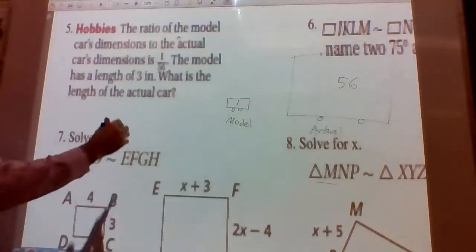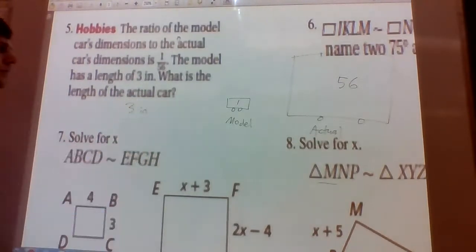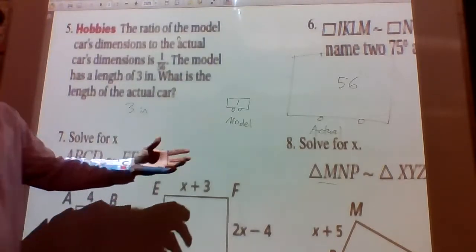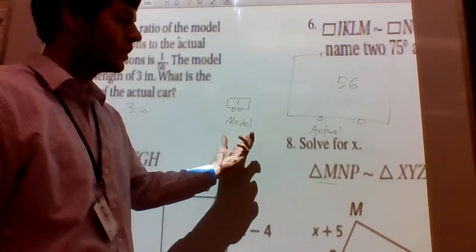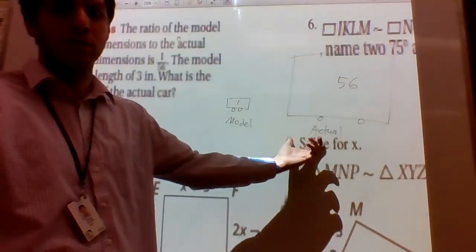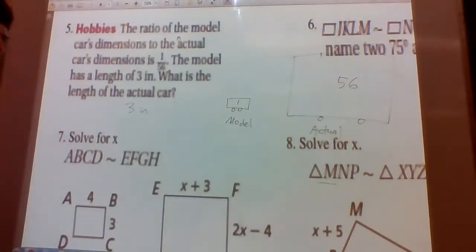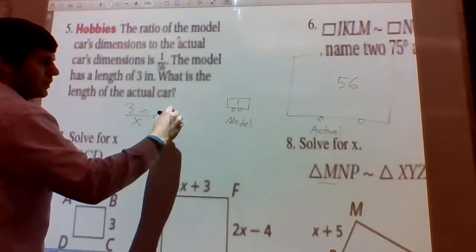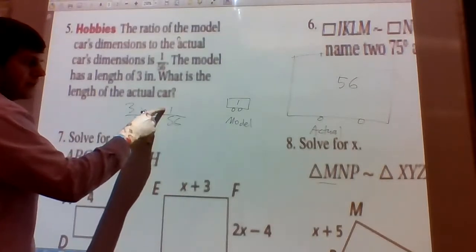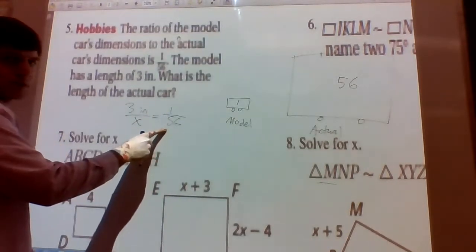The model car has a length of 3 inches. What is the length of the actual car? Well, if the length of the model is 3 inches, the actual one has to be 56 times larger, so you have to do 3 times 56. If we want to set up a proportion, we say 3 is to x as 1 is to 56. So for every inch, the actual one is 56 inches.